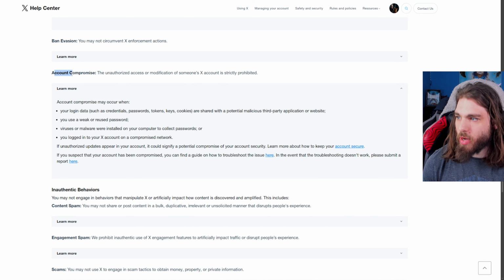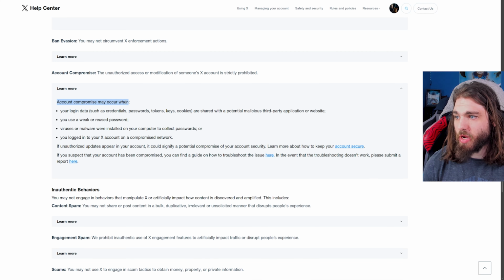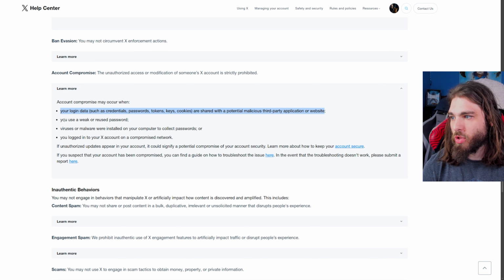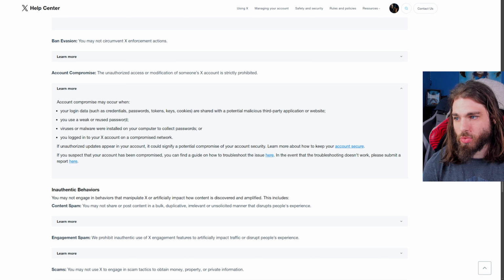Then we got account compromise. Unauthorized access or modification of someone's X account is strictly prohibited. Okay, so what is it then? Account compromise may occur when your login data, such as credentials, passwords, tokens, keys, cookies, are shared with a potentially malicious third-party application or website. You use a weak or reused password. I don't. Viruses or malware were installed on your computer to collect passwords.